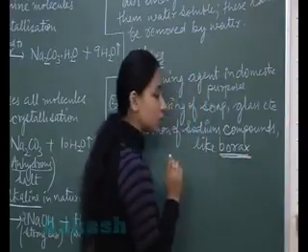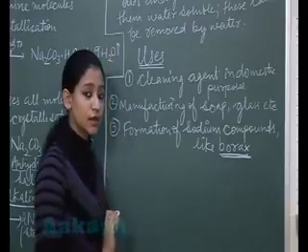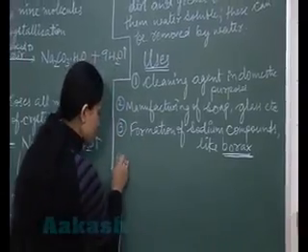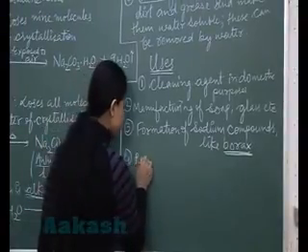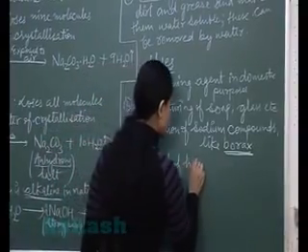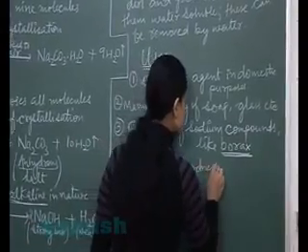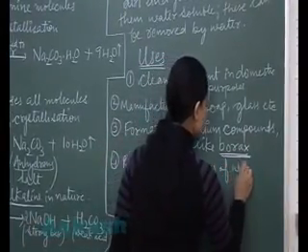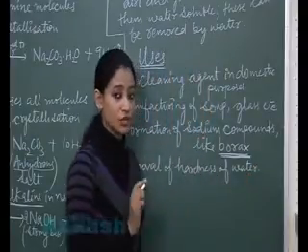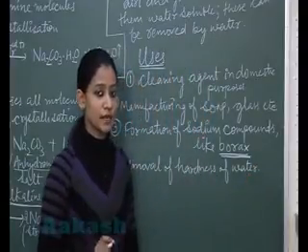Now students, the fourth important use is that it is used in the removal of hardness of water. Let us see how it is used. So it is used in the removal of hardness of water. Students, the hardness of water is because of the soluble calcium and magnesium salts which are present in the water.